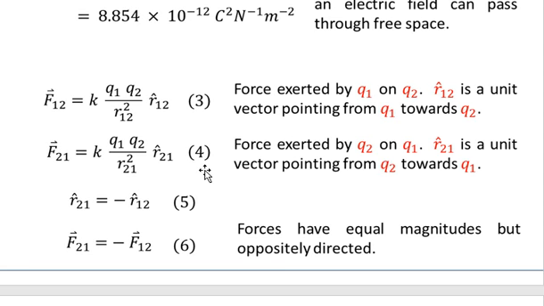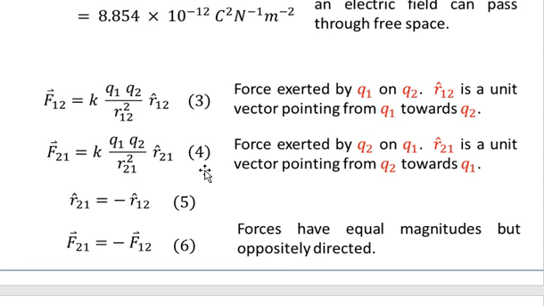But if there is an opposite polarity, for example, Q1 is positively charged and Q2 is negatively charged, then there will be an attractive Coulomb force between the two charges. So for the like charges, the force will be repulsive, and for the unlike charges, the force will be attractive.